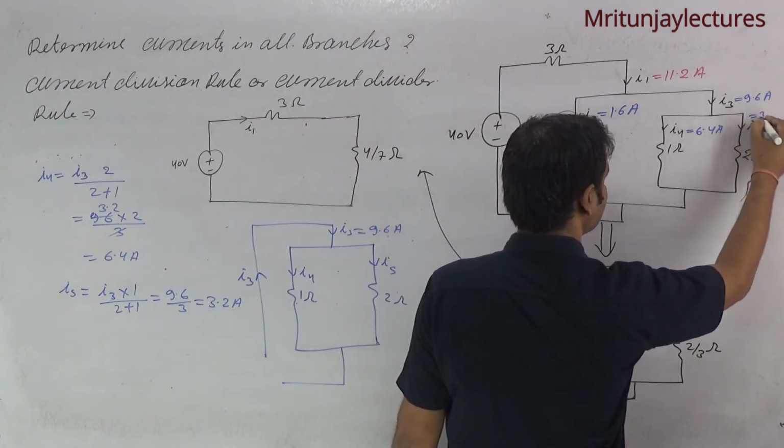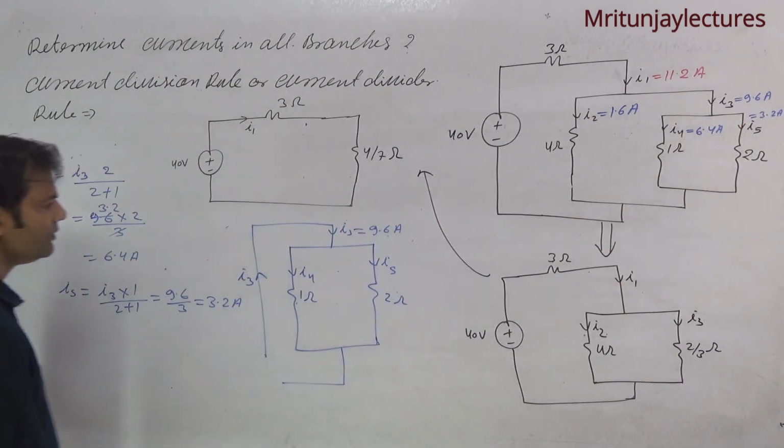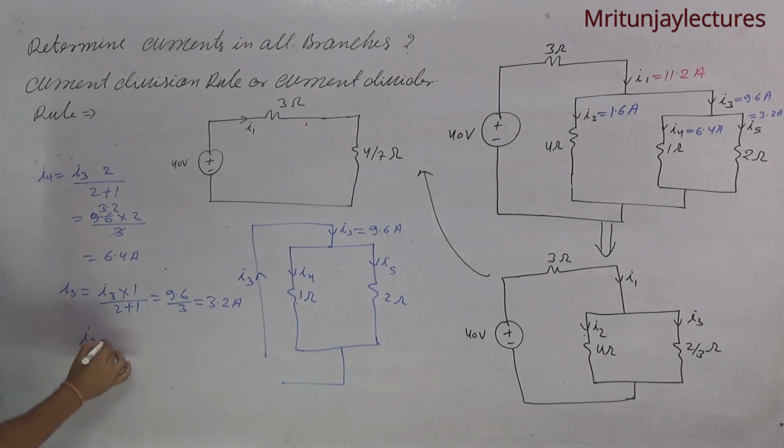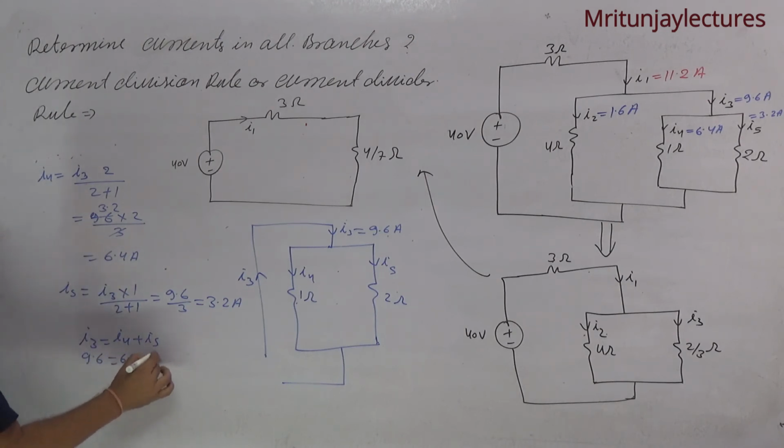Okay, I5. You can also determine it with the help of KCL. I3 is equal to I4 plus I5. I3 is 9.6 and I4 is 6.4. So what about I5? I5 is 3.2 ampere. Clear?